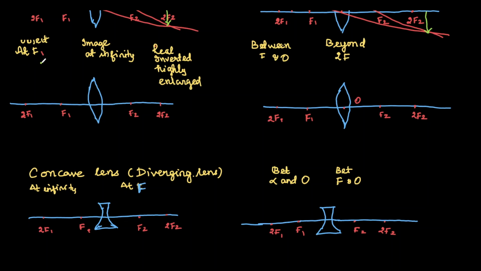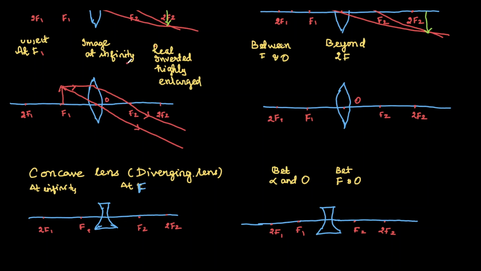When the object is at F1, exactly at F, the light from the object parallel to the principal axis, after refraction, will be passing through F. And one more light ray passes through O, but they never intersect.